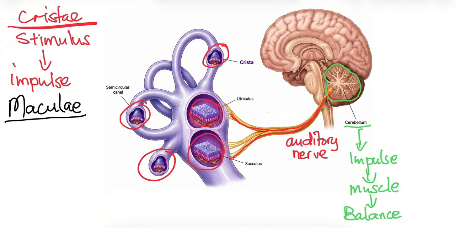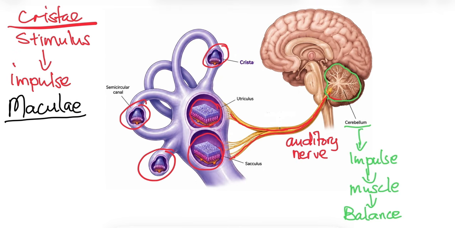In our sacculus and in our utriculus, we have the maculae. These maculae are going to be stimulated by the change of position of the head with respect to gravity.